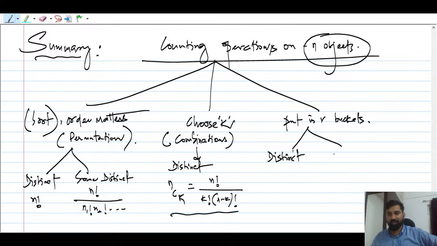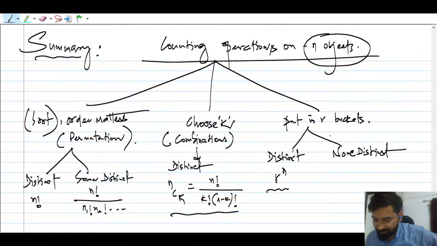Here it can be non-distinct, where nothing is distinct. I think this is clear. So for distinct objects, this will be r to the power n, put in r buckets.